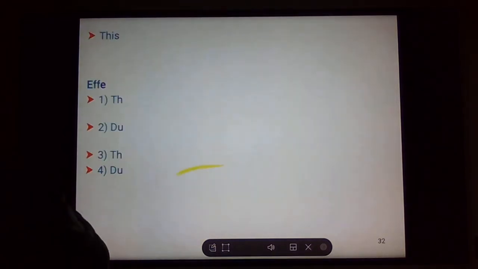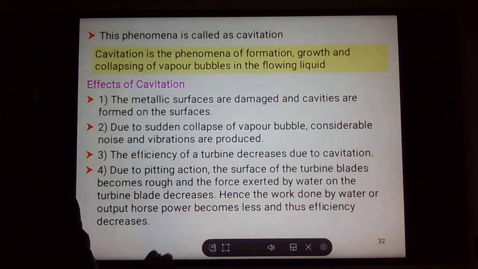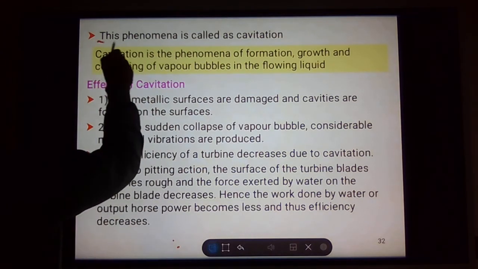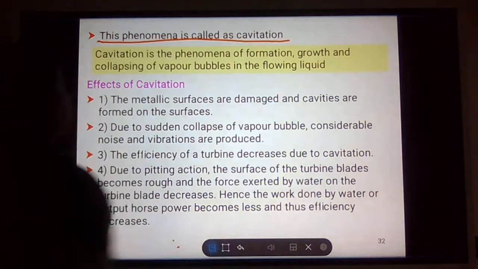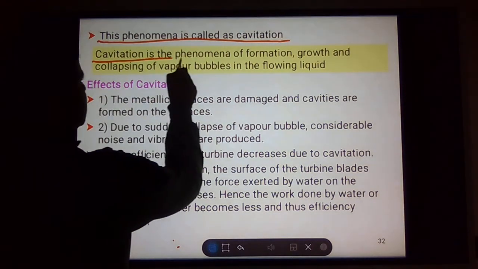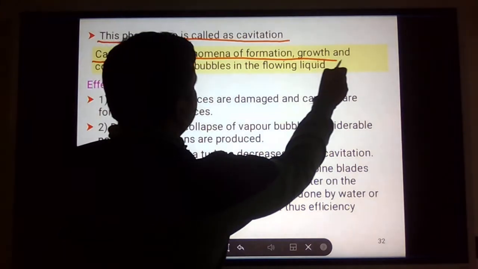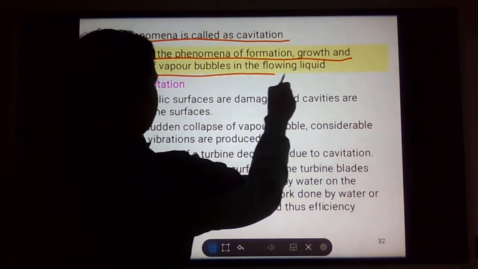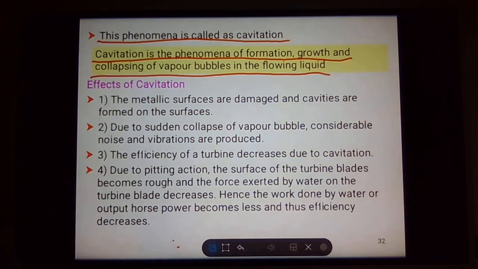So now this particular phenomenon is known as cavitation. So in a nutshell we can say cavitation is the phenomenon of formation, growth and collapsing of the vapor bubbles in the flowing liquid.